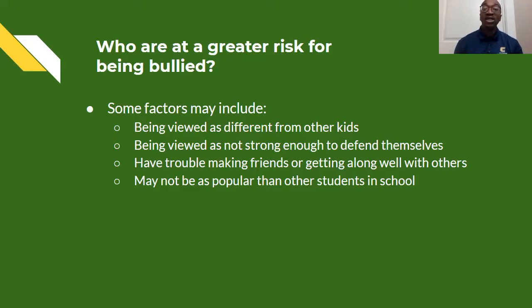They might be viewed as not strong enough to defend themselves in school. Another reason is that they may have trouble making friends or getting along well with others, so they might be isolated from other people as well. And lastly, they may not be as popular as other students in school, so they may be a target for being bullied.